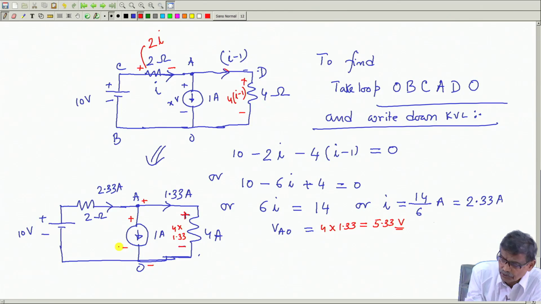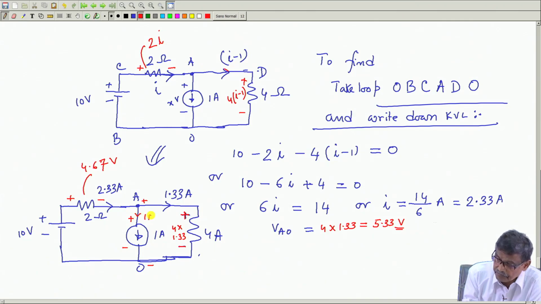In any case, we will see that. What is the voltage drop here? 2 into 2.33, how much? 4.67 volt approximately, okay. And this voltage is known, and this current is 1 ampere.